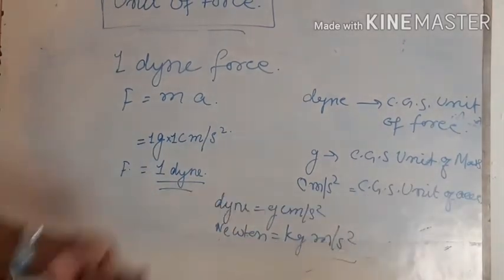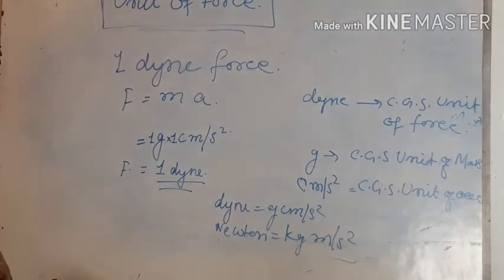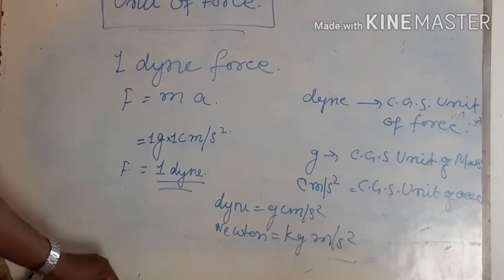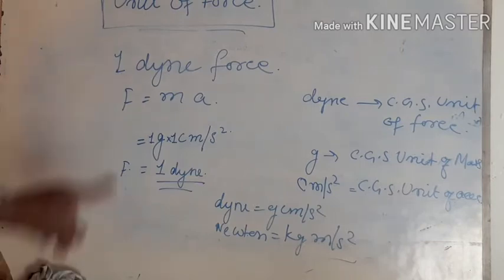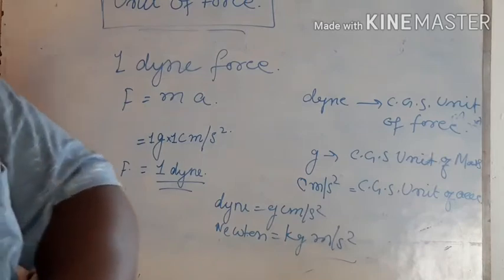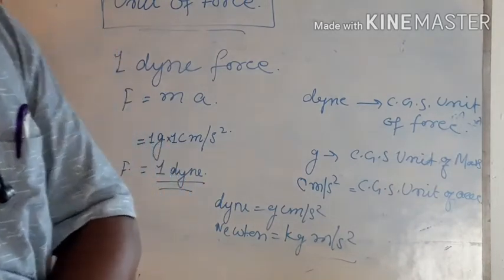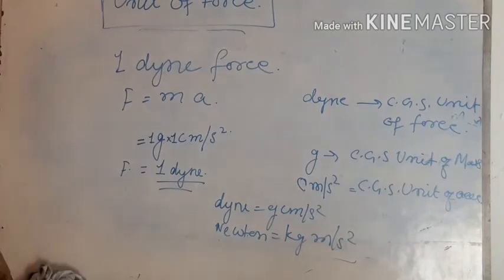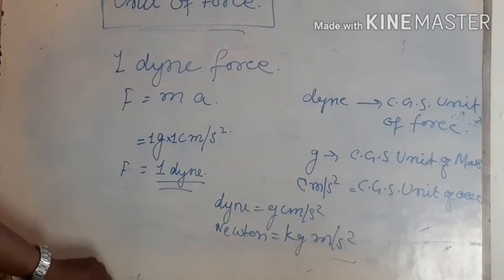So this is 1 dyne force. When a force acts on a body of mass 1 gram and produces an acceleration of 1 centimeter per second square, that force is called one dyne force. Okay, so this is about the units of force.